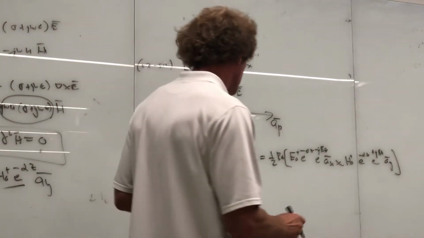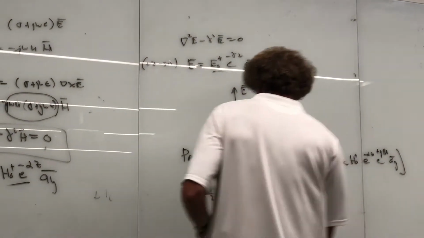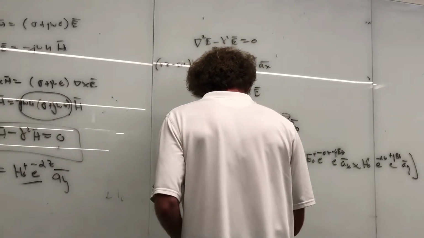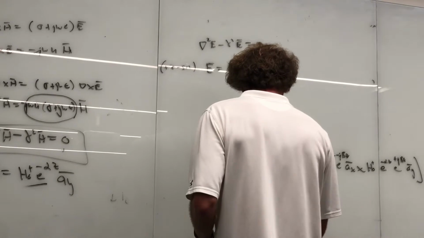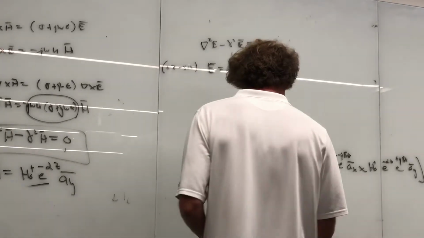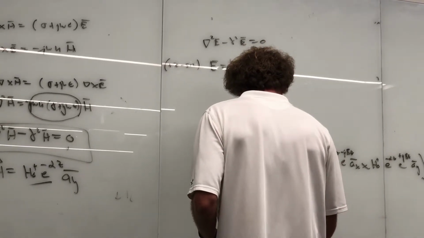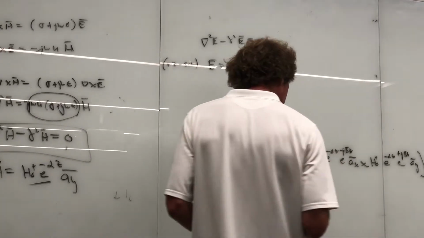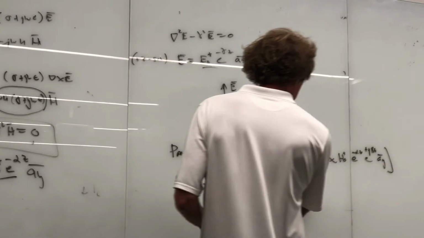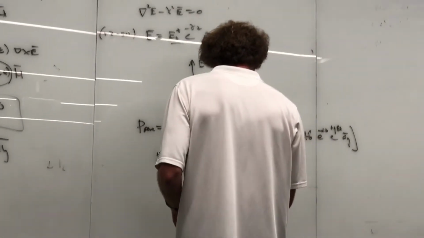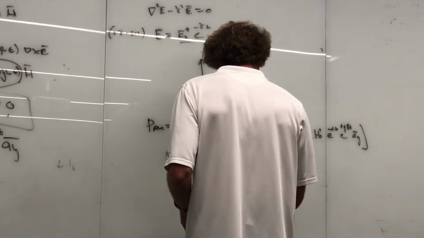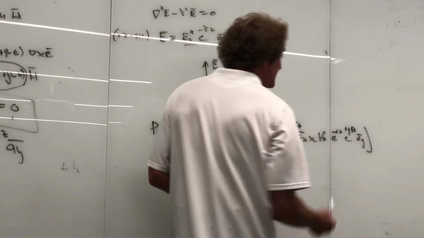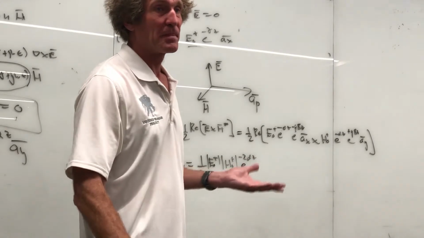Now what happens here? That means my P av right here will be equal to 1/2, and then I'm going to have the magnitude of E naught plus times the magnitude of H naught plus, and then I have e to the minus alpha z times e to the minus alpha z is e to the minus 2 alpha z, and then e to the minus j beta z times e to the plus j beta z is what?